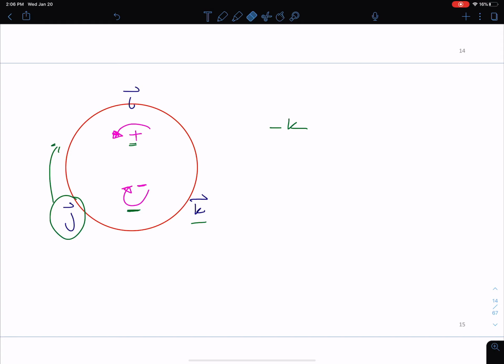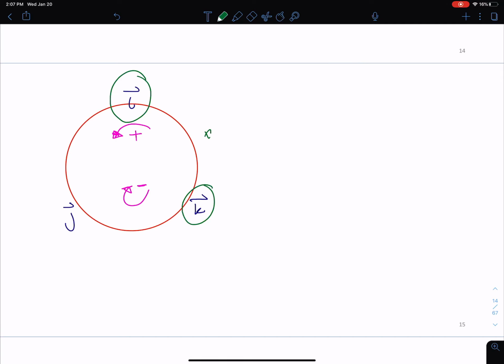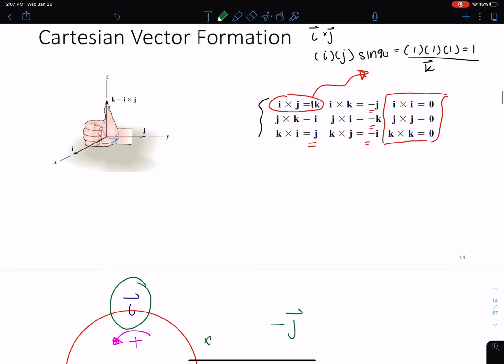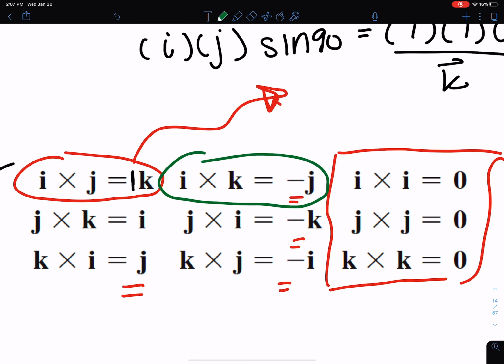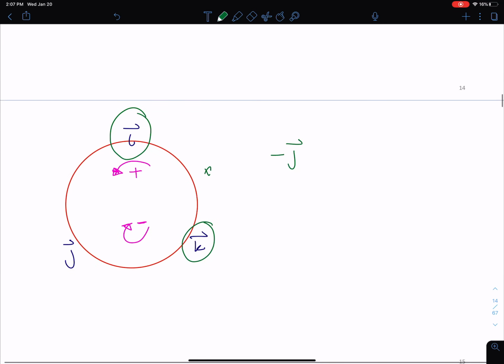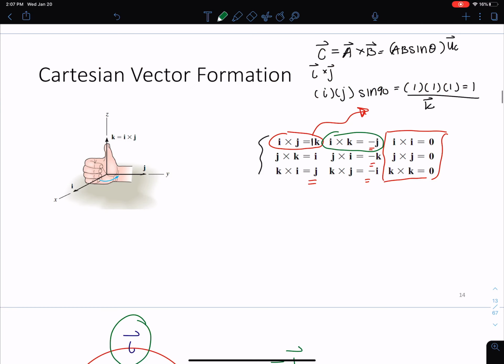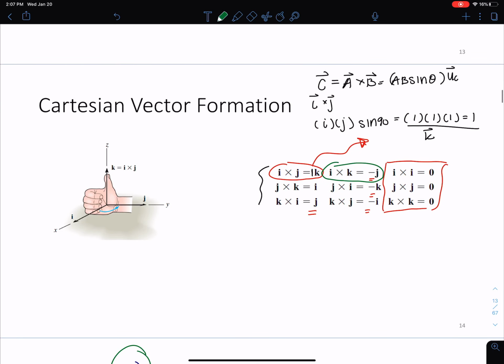Okay, let's do one more. Let's say I'm crossing i cross k. I'm going clockwise, so negative j. So if we come up here, i cross k is negative j. So make sure you understand this little wheel. It's super helpful in getting quick values instead of having to actually multiply everything out.